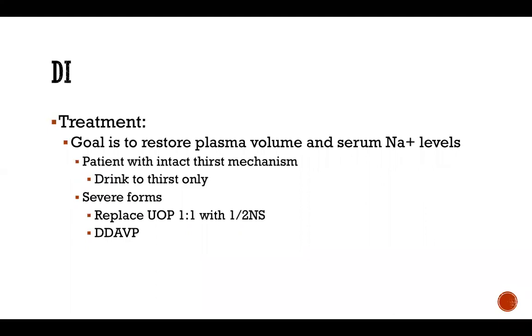So if the patient is awake with an intact thirst mechanism, just drink to thirst only. If the patient is, as I mentioned, intubated or sedated, we need to replace the urine output 1-to-1 with either half normal saline, or sometimes we need to use different concentrations, and desmopressin supplementation.